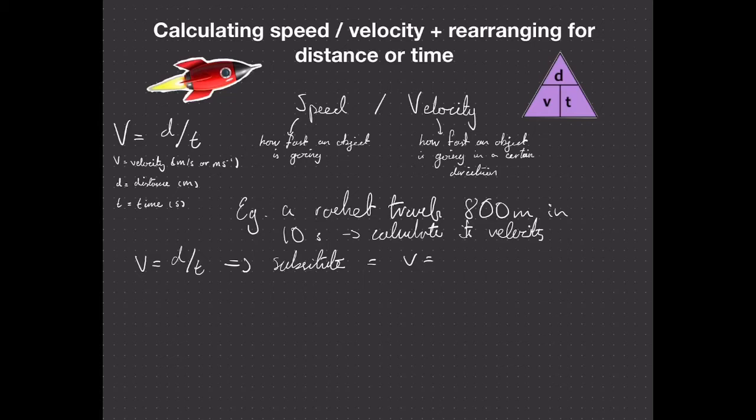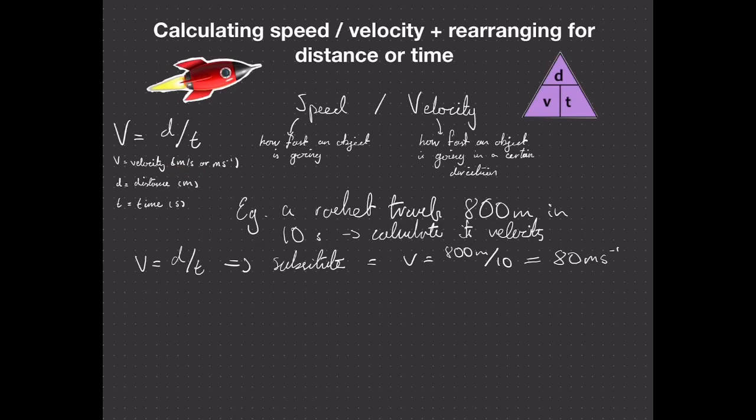So we can see we're looking for a distance and a time, and we've been provided a distance and a time. So I'm going to put that into my equation. V equals my distance, 800 meters, over my time, 10 seconds. And I can calculate my velocity as 80 meters per second. A reminder that ms-1 is the same as m over s.